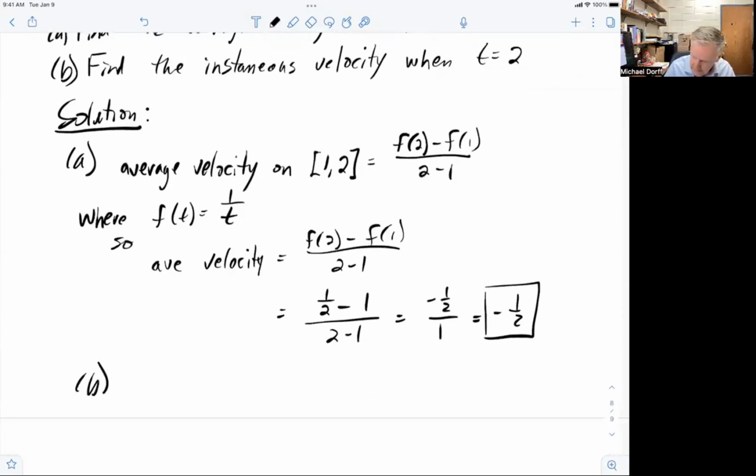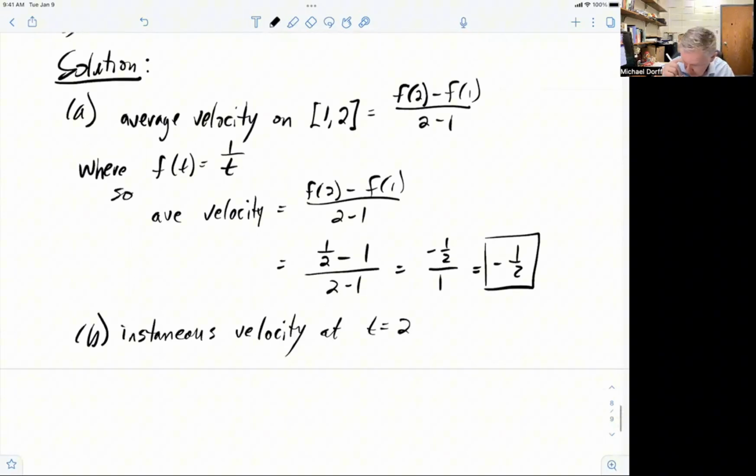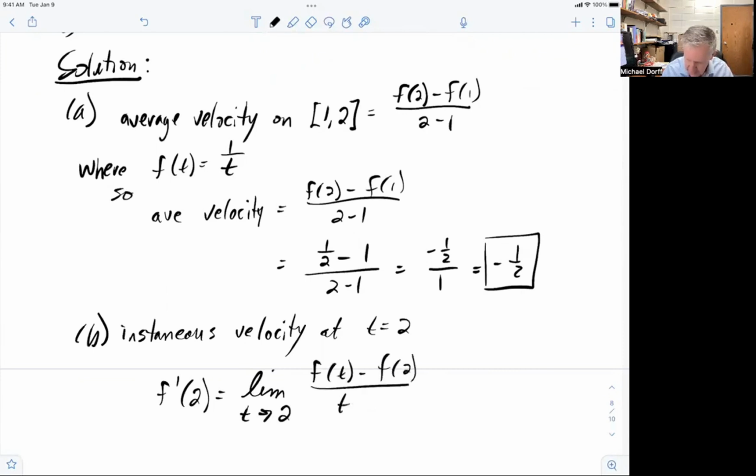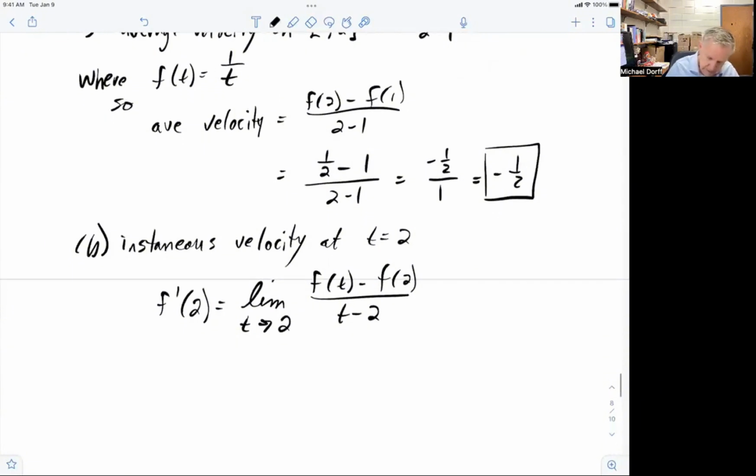What about the instantaneous velocity? For instantaneous velocity, I have to use the definition of the derivative at t equals 2. So I'm going to be looking at f prime of 2, and that's going to equal the limit as t goes to 2 of f of t minus f of 2 over t minus 2. So notice here, we are using the second definition of derivative.